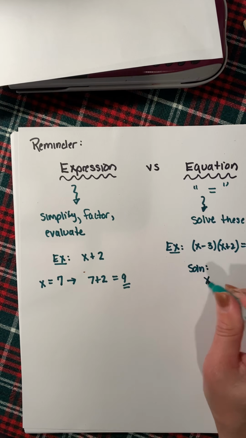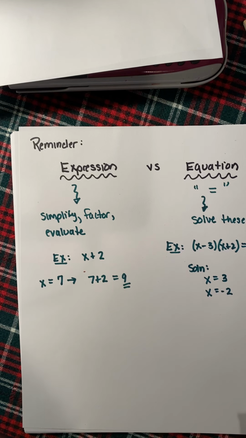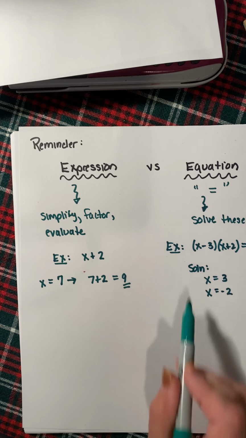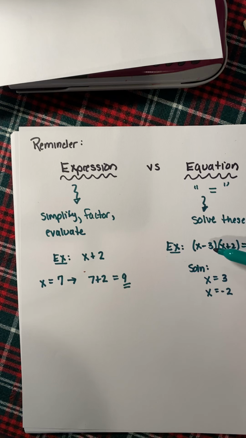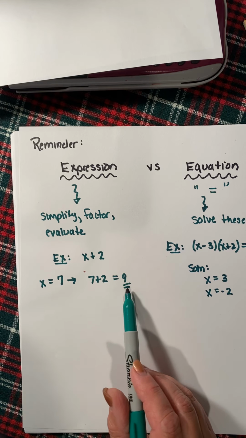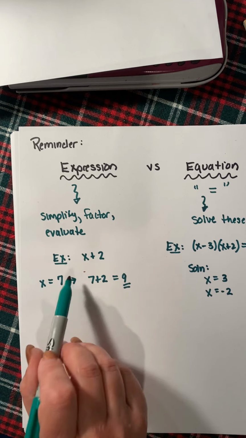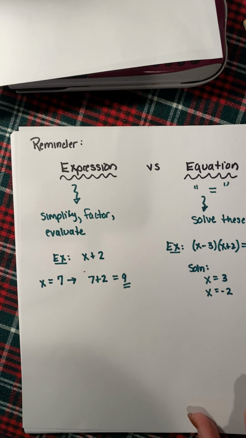Well, the first factor would tell us that 3 is a solution, and the second factor would tell us that negative 2 is a solution. So these are solutions to the equations. They're numbers that we would insert, and it would make the equation true. This is, we really just, this is the answer to this problem. It's not really the solution because we didn't solve for it. We assigned a value for x and we plugged it in and got the output.